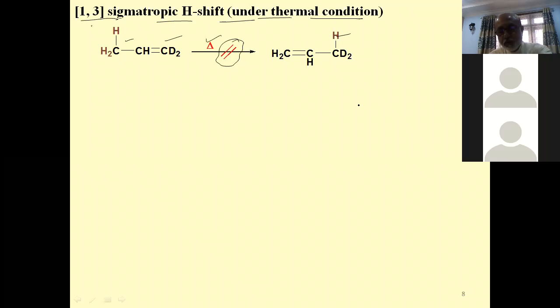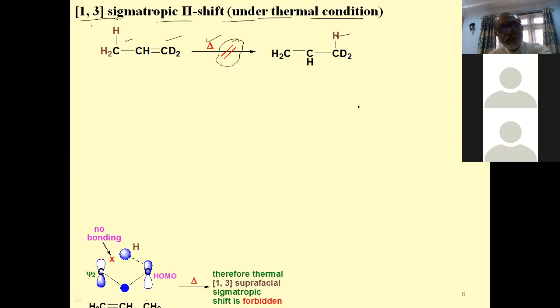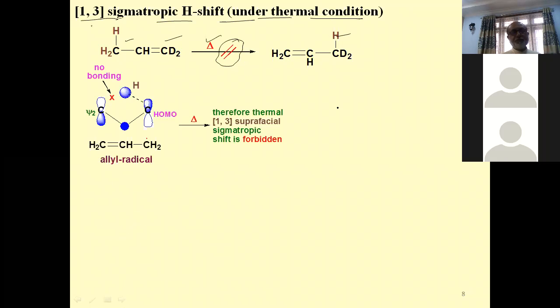So we come to the next part. You know now what was HOMO? HOMO was psi 2 of this allyl, yes or no? Yes, sir. And psi 2 was what? Antisymmetric.